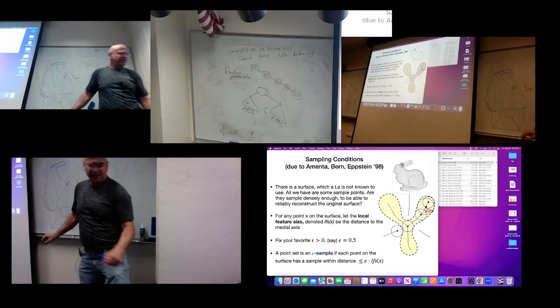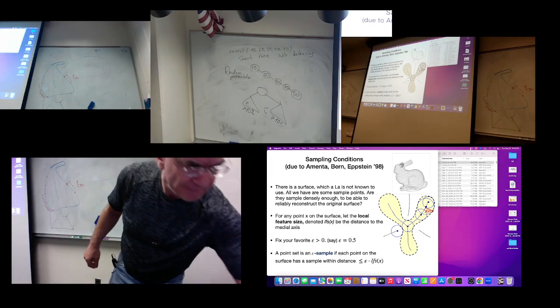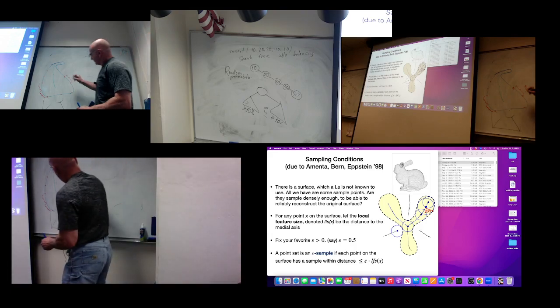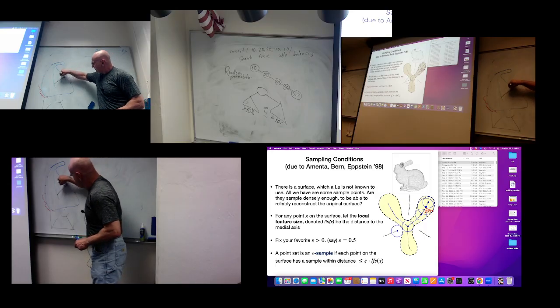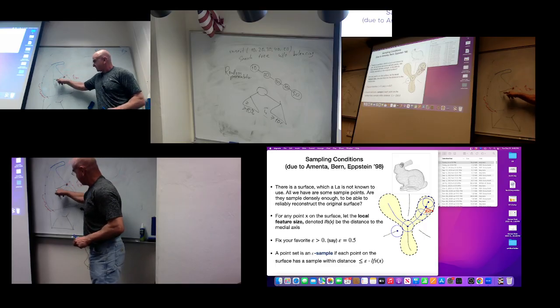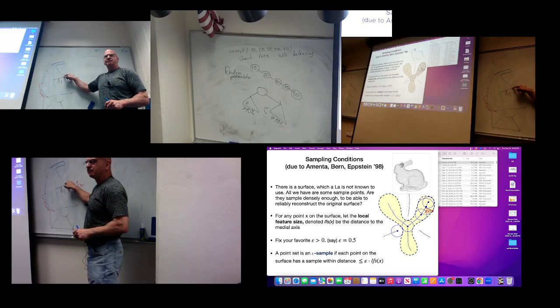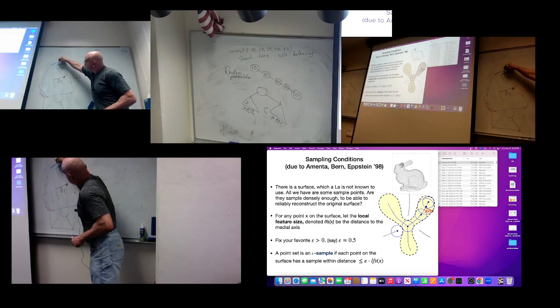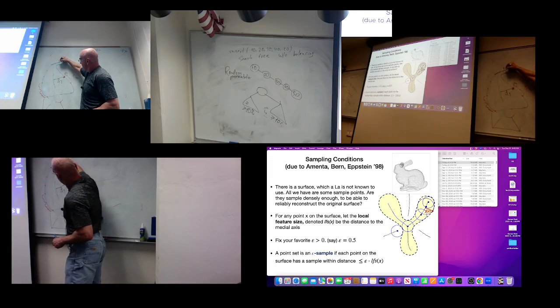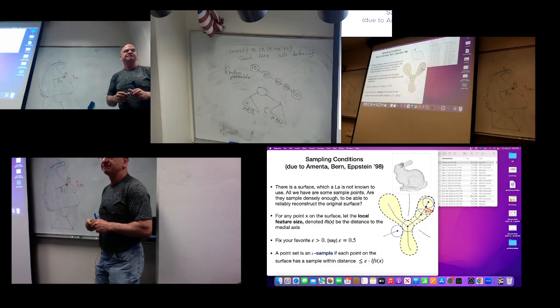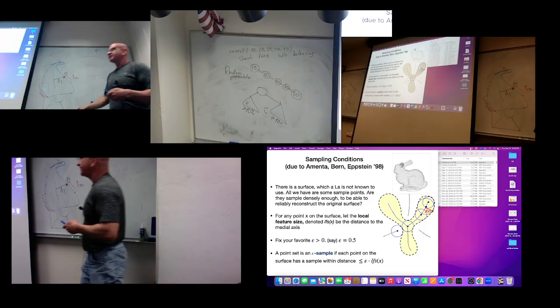Which suggests that my distance to the medial axis, D1, is huge compared to, so that was P1 and that was D1, versus P2, which just needs to walk a distance of D2, much smaller.